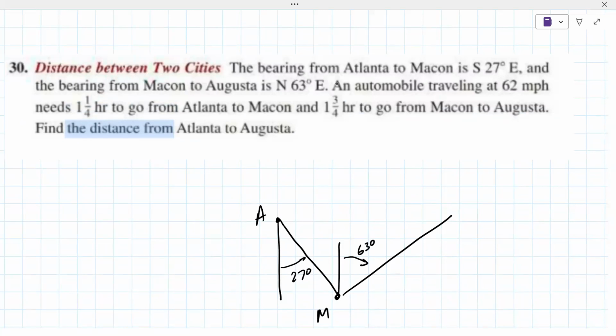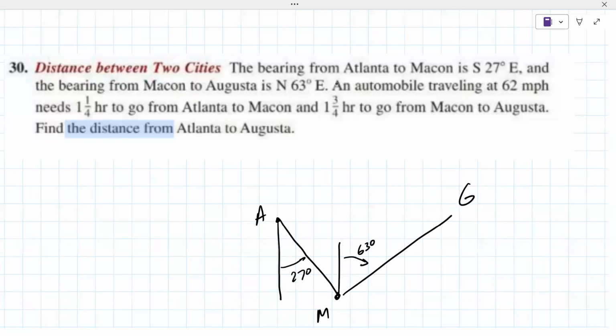One of the reasons I was kind of wary of some of these is they make right triangles, which really help a lot. That's what you're doing. So that's 63 degrees. And we don't know where, oh, that's Augusta.